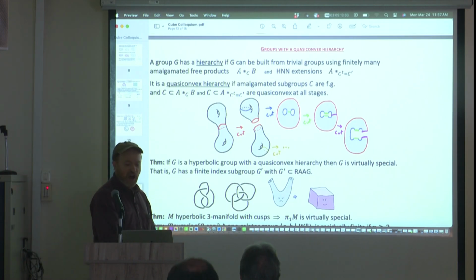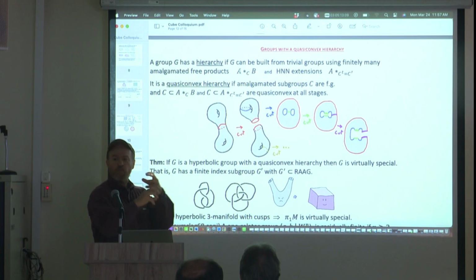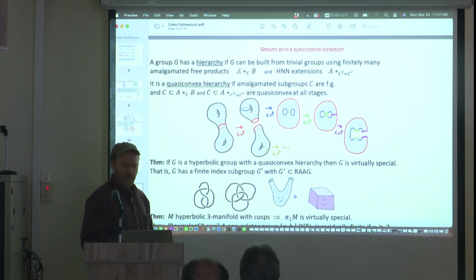And groups with a hierarchy are groups that you can build in that fashion just by gluing more and more groups together along subgroups.